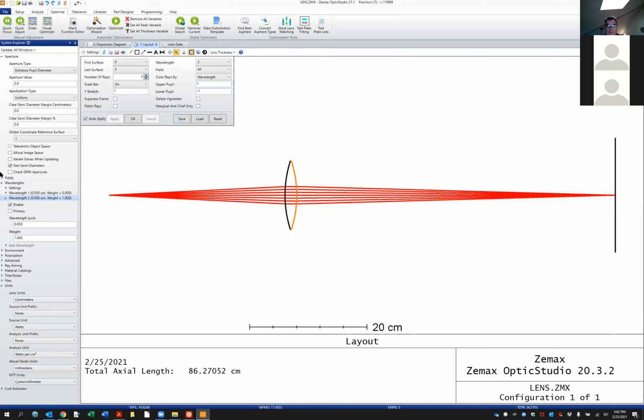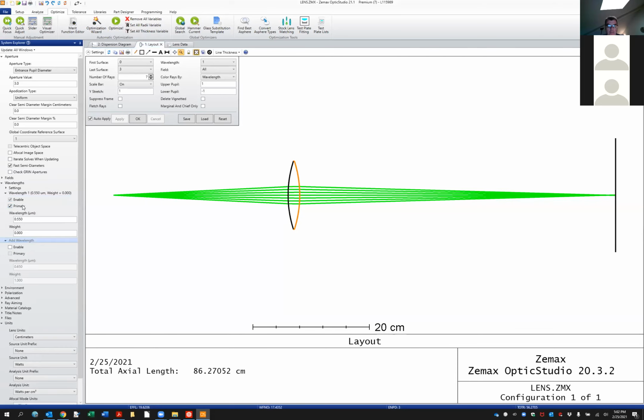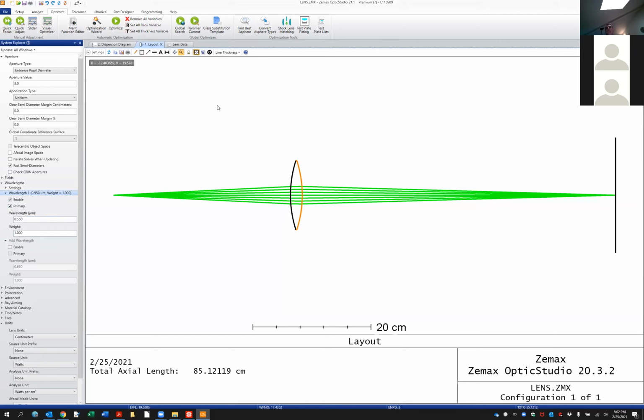But I forgot that there were multiple wavelengths. Actually, it wasn't even trying to balance them. Wavelength 2 was the only wavelength that it was focusing on, because it was the only one that it was giving weight to. So once I correct that, then a quick focus should bring that wavelength into better focus.